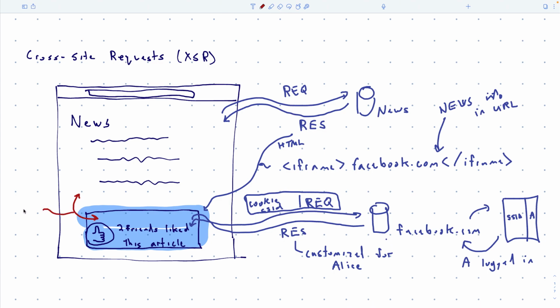It basically says, okay, this news website, the first site you came down, and the Facebook website that's in the iframe, are from different origins. They're not from the same. One's from news.com and one's from facebook.com. So these are different origins.